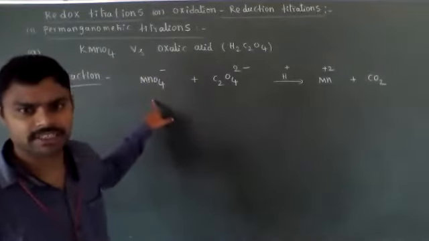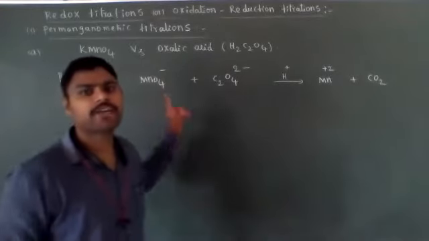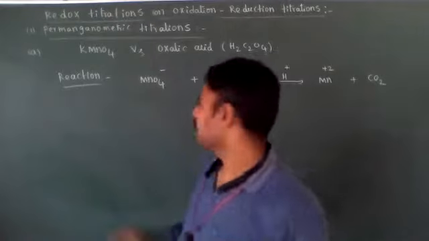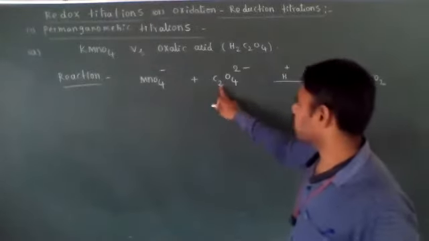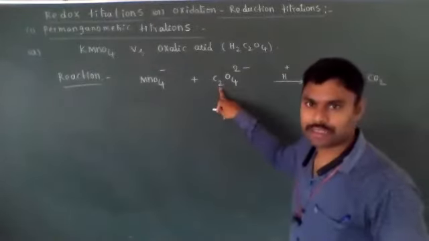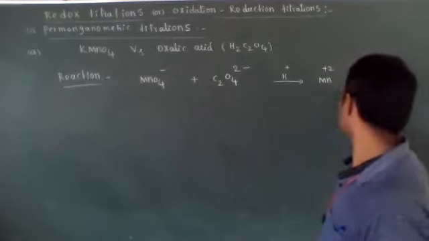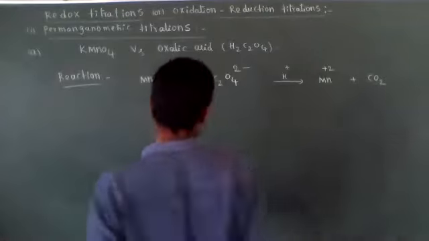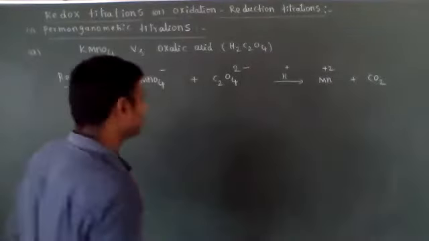This skeleton equation we need to balance by using the oxidation number method. If you observe C2O4 2 minus, how many moles? Here 2 carbon atoms are present, so you have to take 2 CO2.